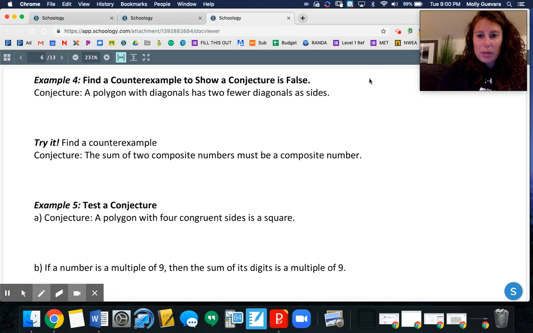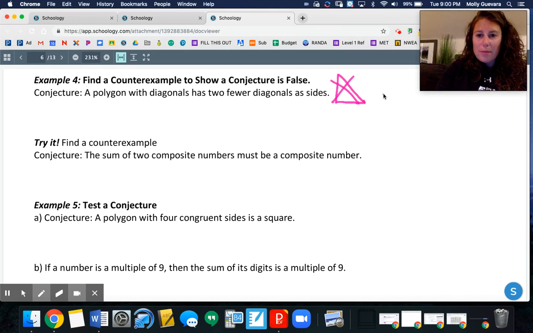Let's start with a triangle. I drew a right triangle, but it doesn't matter. A triangle doesn't actually have any diagonals because when I try to connect any of the diagonals, it's already drawn. So a triangle is not going to help us here.